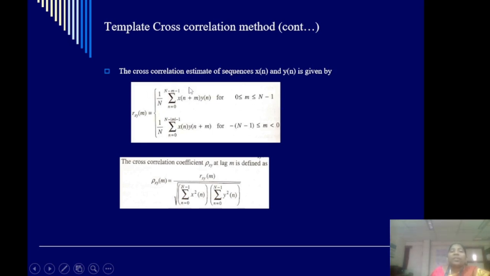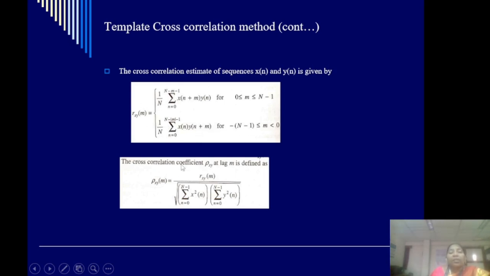We can also write this equation in another form. In the first one we represent x of n plus m times y of n. The second equation we can express as x of n times y of n plus m. So either x of n can be moved with m varying between 0 and N minus 1, or y of n plus m can be moved within the limits given here.